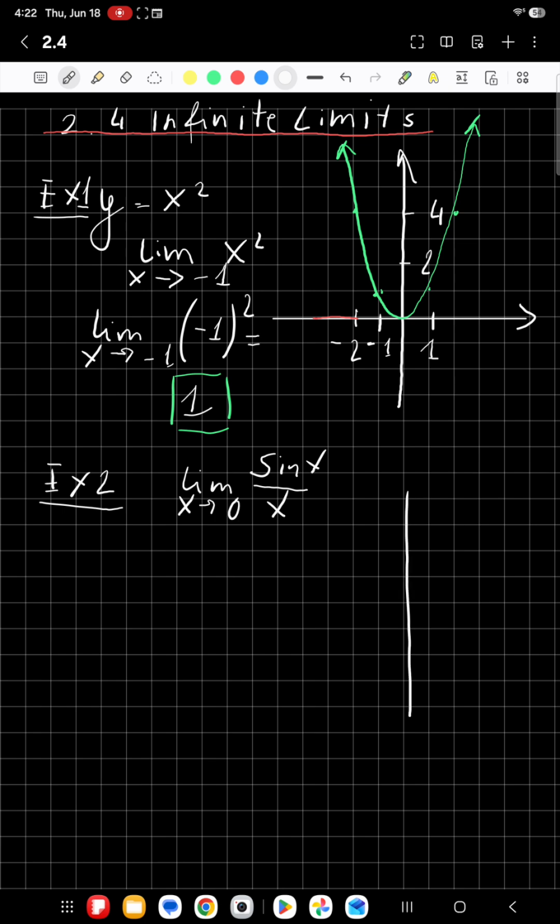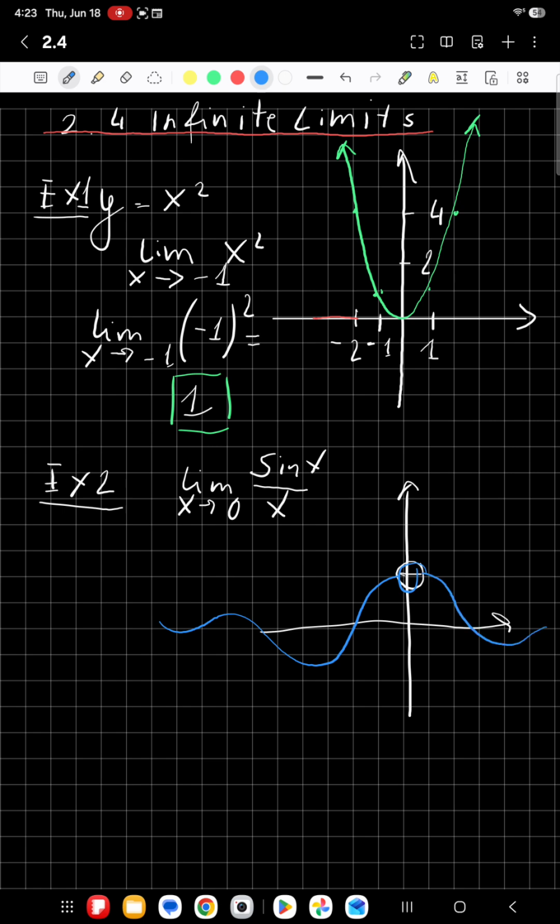Again, graph. So this is 1. There's an open circle around it. And then the graph of the function is something like this. Those amplitudes are getting smaller and smaller to the left and to the right.